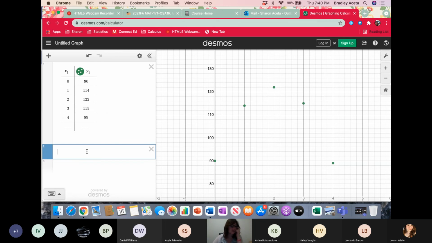You can actually go here and it will type a regression equation like we just did. Like we had to hit all that stuff, stat, calc, quad reg.